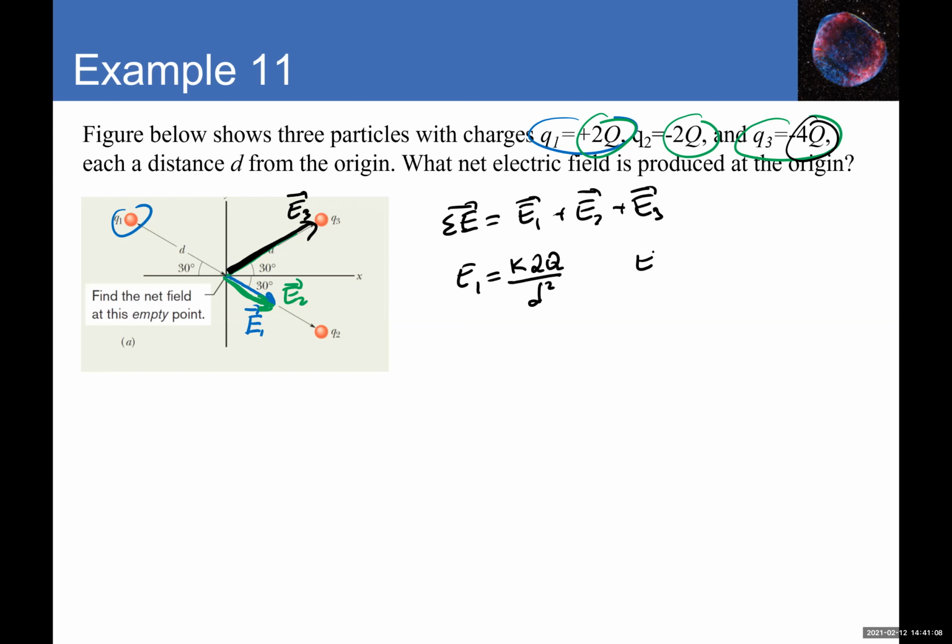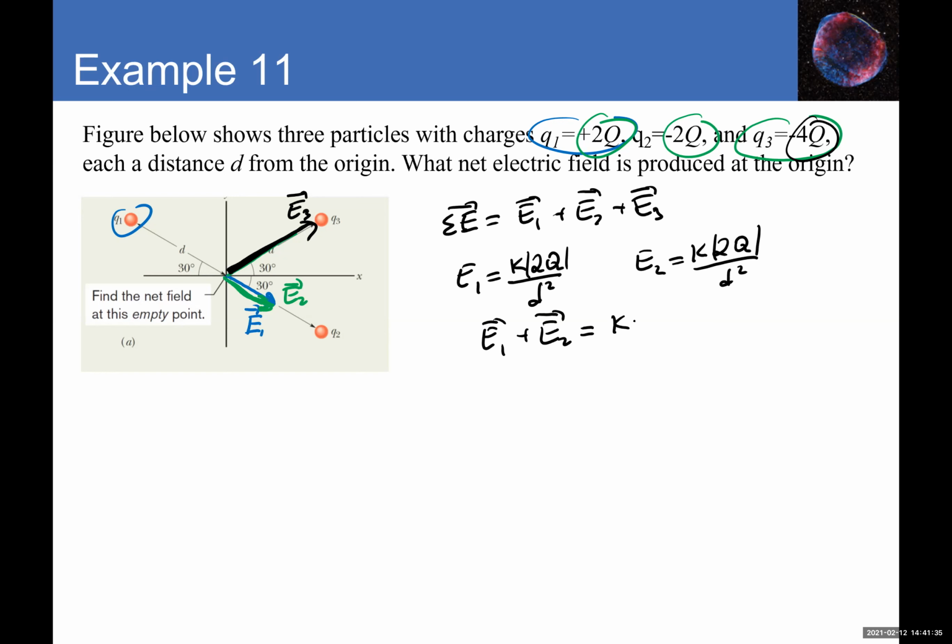Now, what is the magnitude of electric field 2? Well, it's K times 2Q, again remember absolute value, divided by d squared. So technically they're the same. And both of them are also in the same direction. That means I can just add E1 plus E2 together directly because they're both pointing in the same direction.